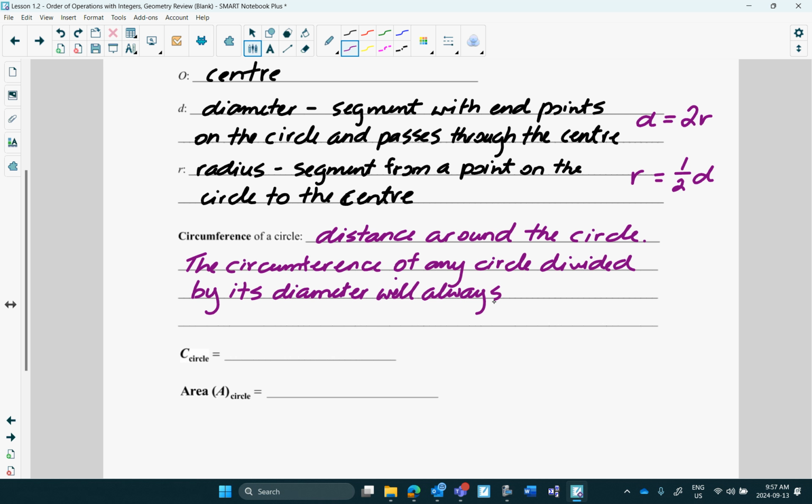Remember the name of that number. Otherwise known as pi, right? So will always equal 3.14159 something, or we just refer to it as pi.